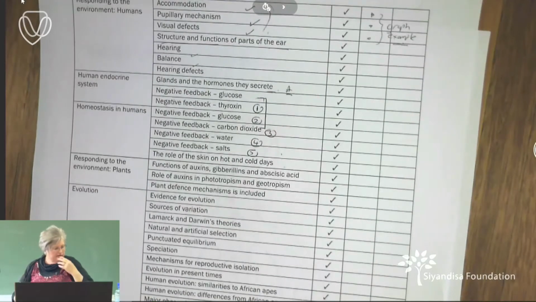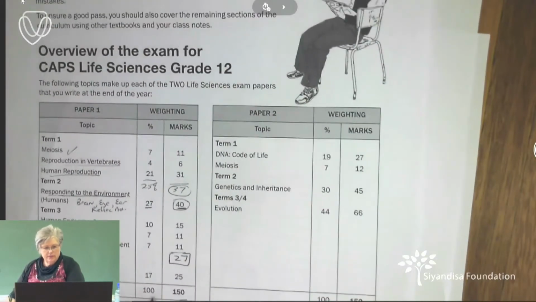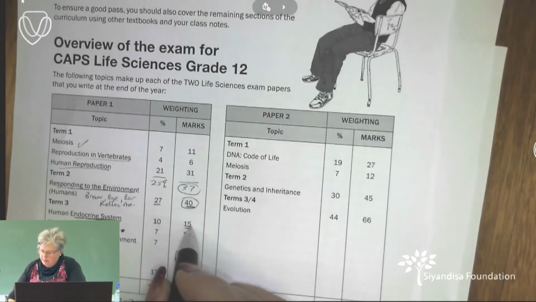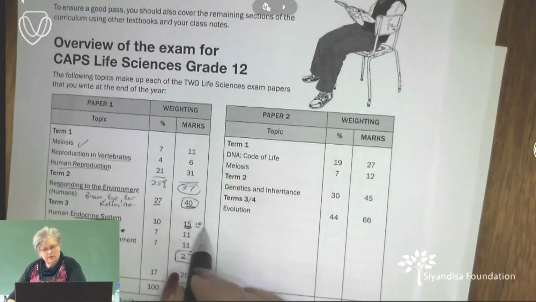If we take that in mind and go back to our question paper, you can see the endocrine system is 15 marks. So we can expect that around 10 marks will be on glands and their functions.